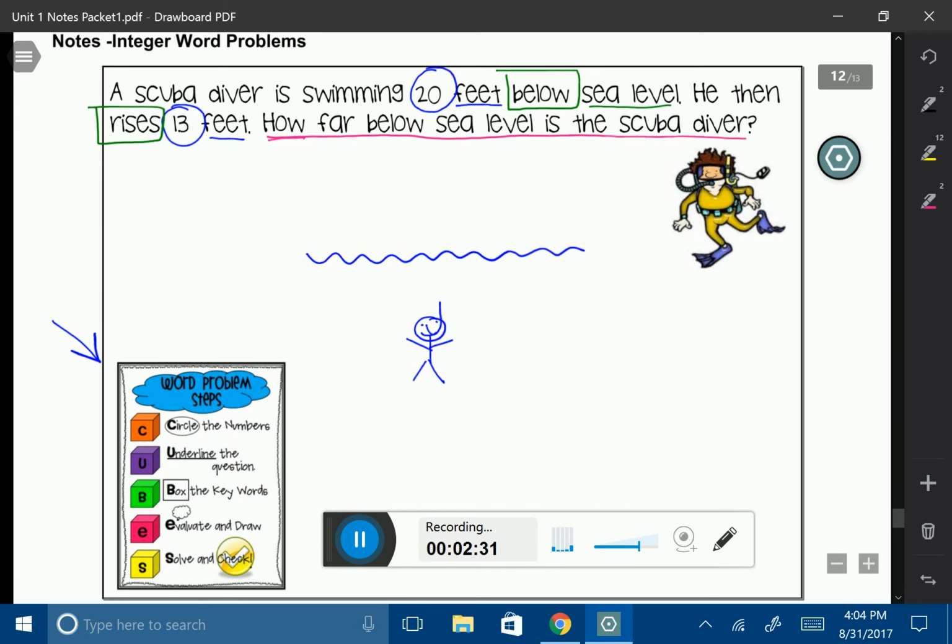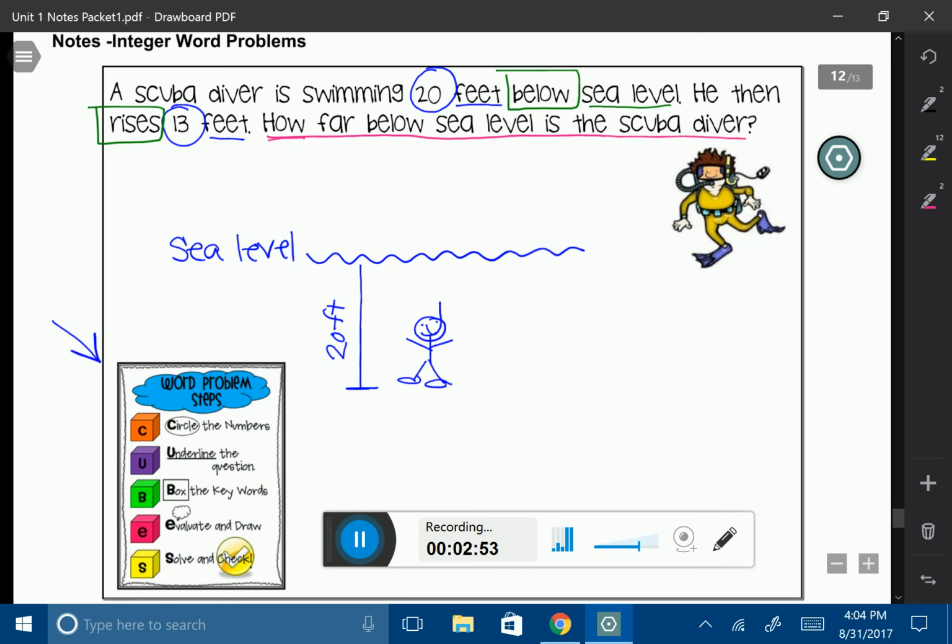There he is. We'll put some flippers on him. Right now, he is 20 feet below sea level. We're going to say that this right here is our sea level. So if he's 20 feet below, I can say that right here represents 20 feet.